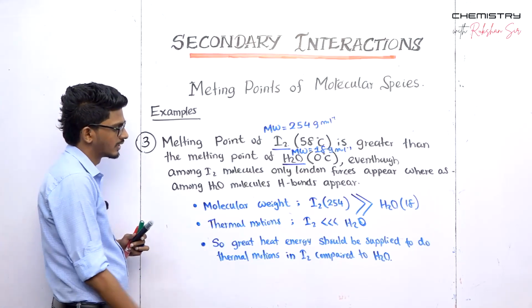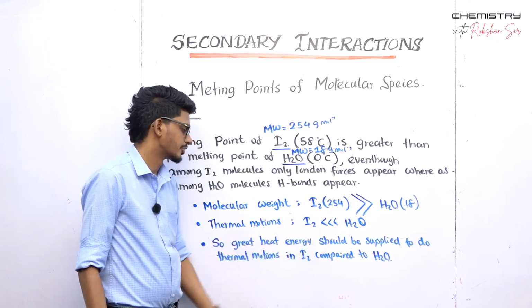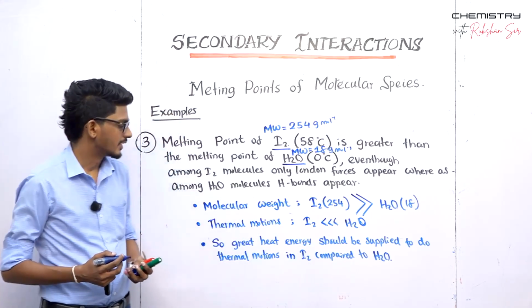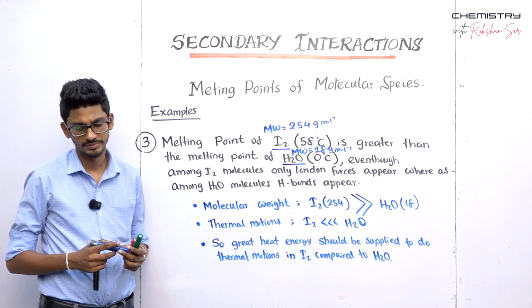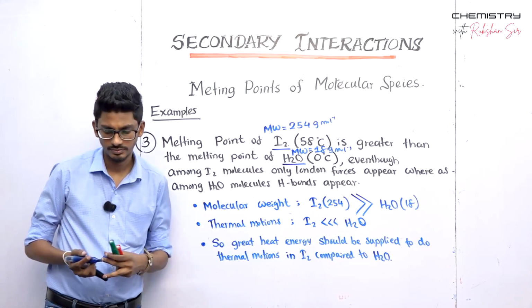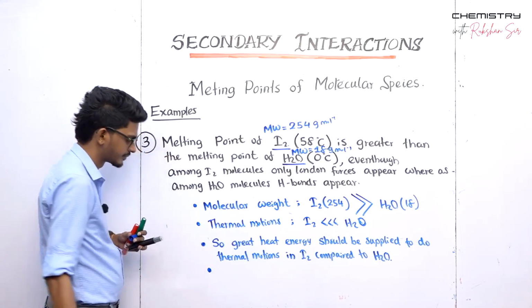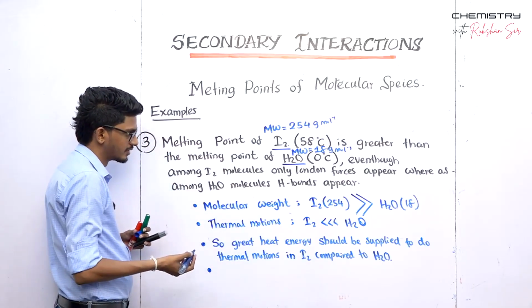So even though you have weaker second interaction, the melting point of I2 will be higher. Even at 25 Celsius, I2 appears as a solid.